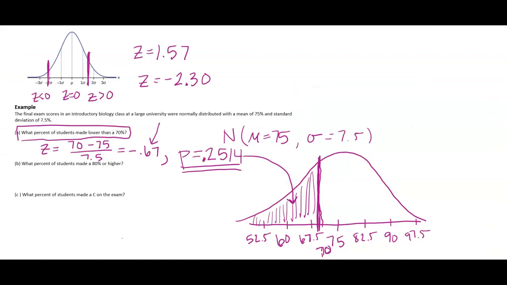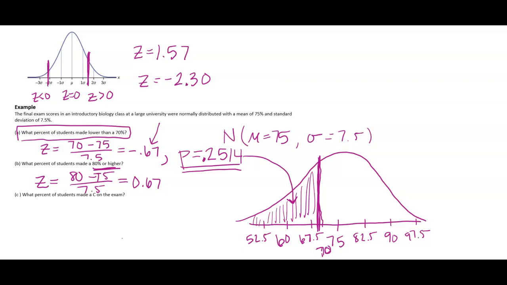All right, let's look at 80% or higher. So 80% would have a z-score of positive 0.67.